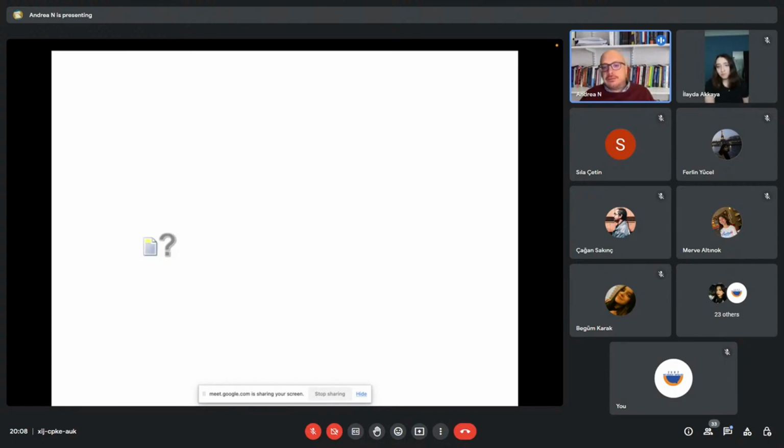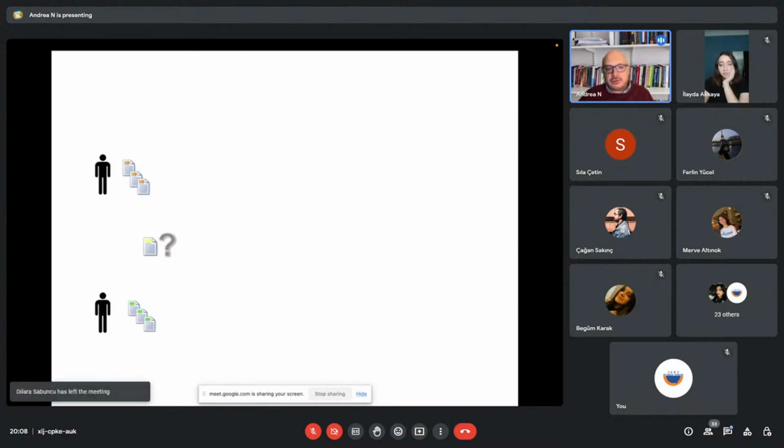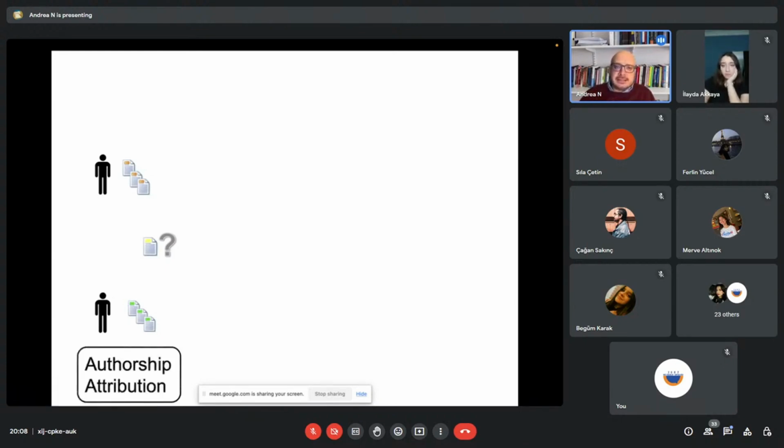When we have a disputed anonymous document, often there is a close set of suspects, and each of the suspects has some documents that they wrote, and the question is who was the author of this text among the set of suspects. This is a task that has been called authorship attribution in the literature.